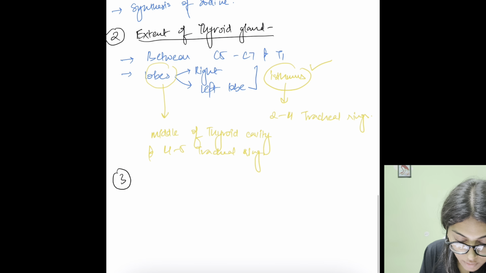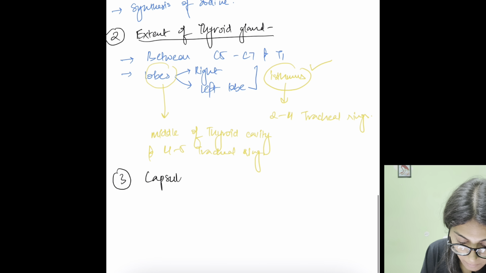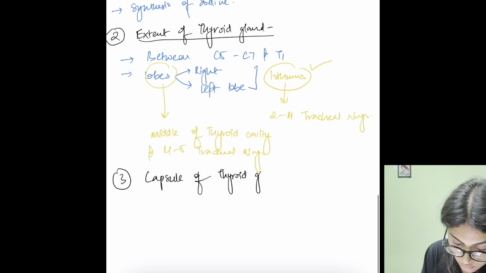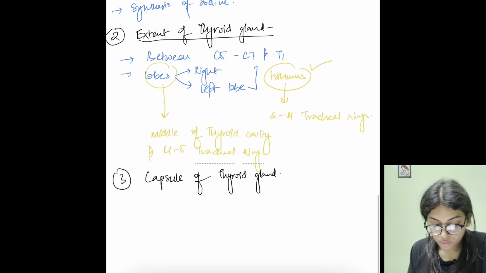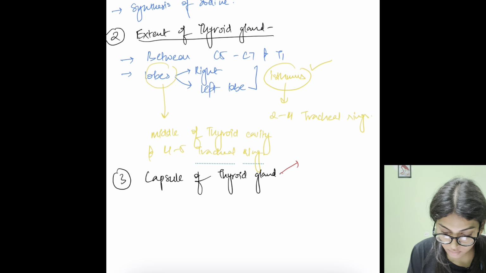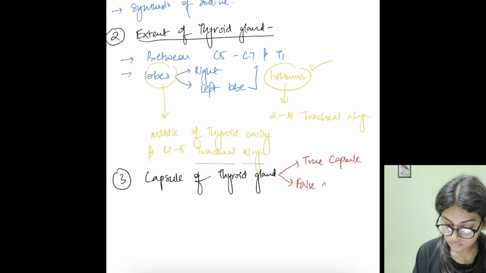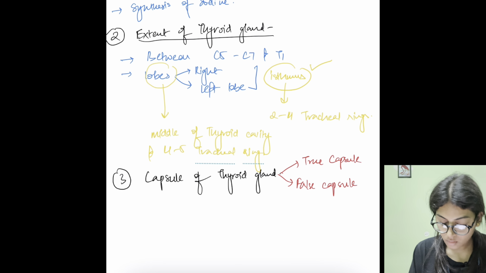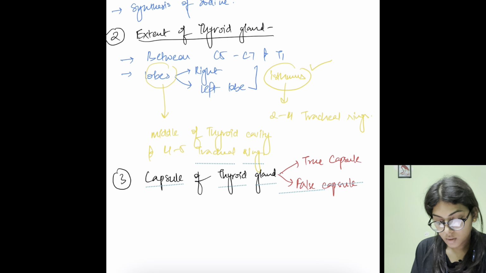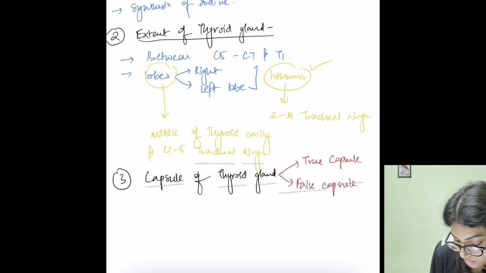Now we will talk about the capsule of the thyroid gland. There are two capsules of the thyroid gland. First is a true capsule, and second is a false capsule. The false capsule is the outer one.